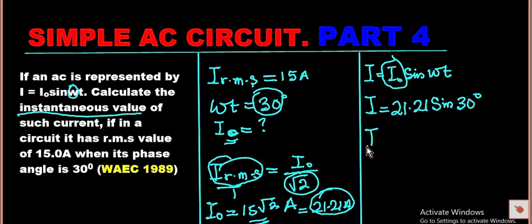I is equal to, remember that sine 30 is 0.5, so 21.21 times 0.5.